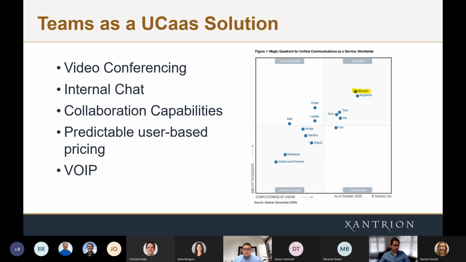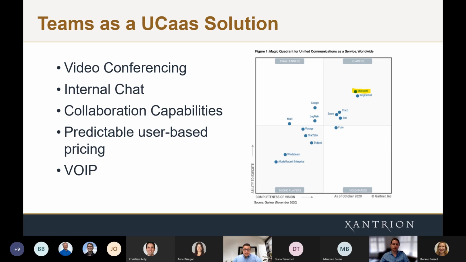I've got, again, that predictable user-based pricing, and I've got, most importantly, that voice over IP capability built into the Microsoft Teams solution so that I have that holistic communication platform for all of my needs, right? So hopefully I'm able to paint this picture. Why is voice over IP so relevant? How does that blend into unified communications as a service? And how is Teams able to bring that impact forward to all of their customers?